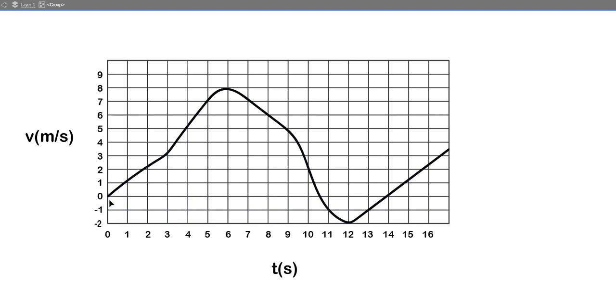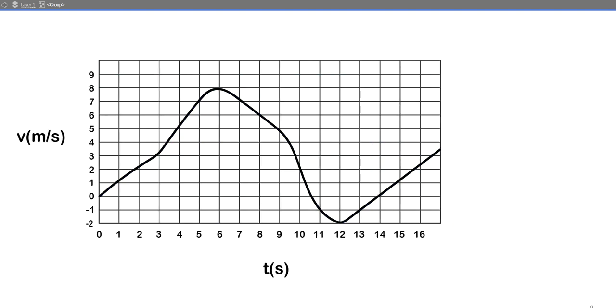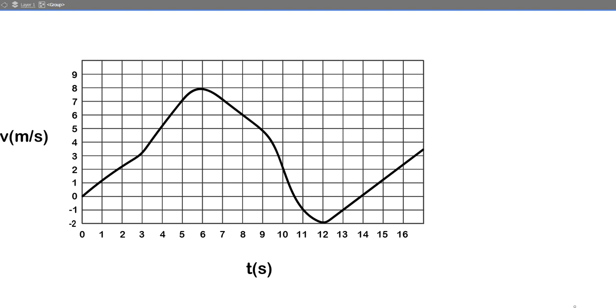So let's look at this first one, the slope. We start out at 0 seconds, and by 3 seconds we're doing 3 meters per second. So our slope equals our rise over our run again.